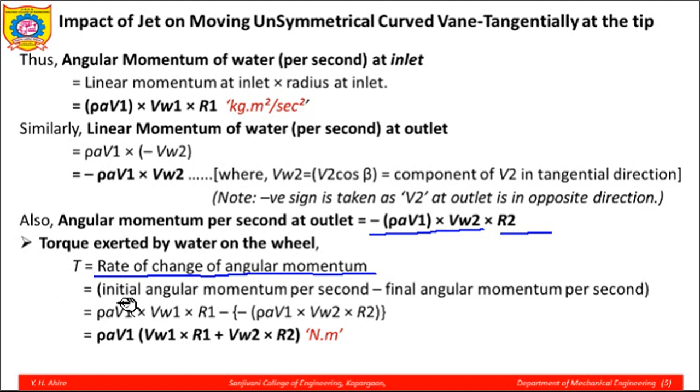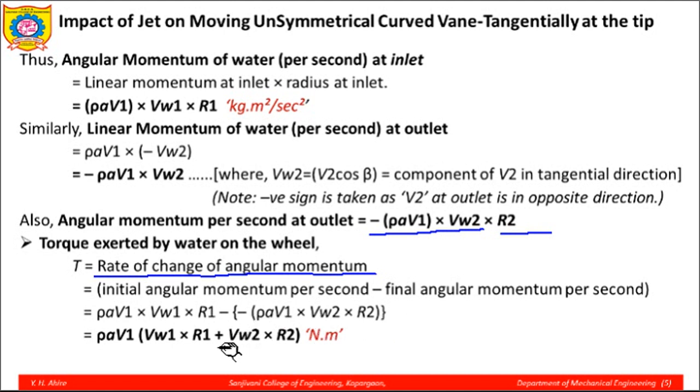So unlike the force case, the formula of a force, there we have initial velocity in x direction minus final velocity in x direction. Here we have angular momentums. So this is equal to rho a v1 into Vw1 into r1 minus rho a v1 into Vw2 into r2.